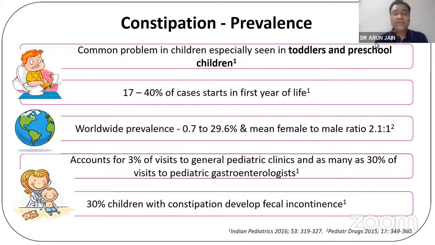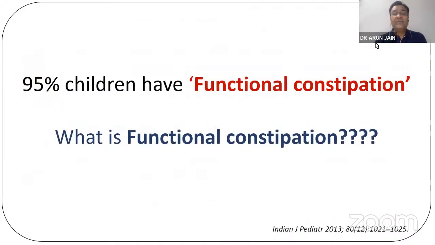They account for 3% of visits to general pediatricians, and as many as 30% of visits to pediatric gastroenterologists. 30% of children with constipation develop fecal incontinence. 95% have functional constipation and only 5% have organic causes in the age of more than 1 year.